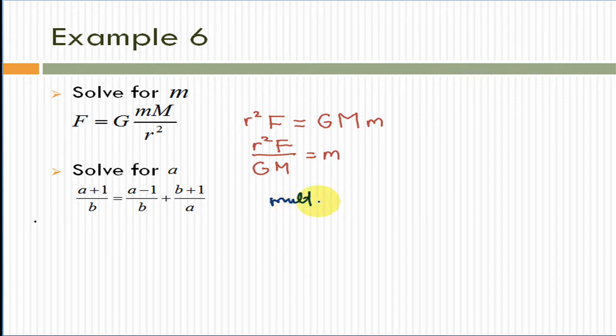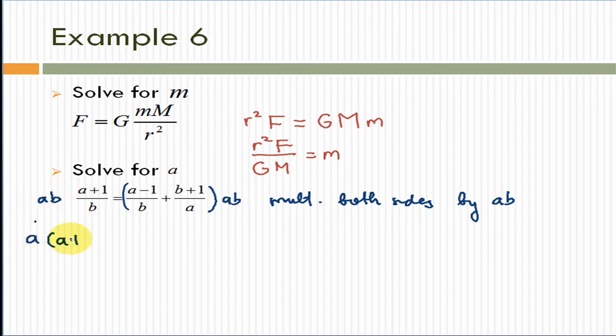Multiply both sides by a times b. So if we multiply this by a times b, first a times b times this, we can cancel the b to get a times a plus 1 equals, now we use the distributive property.